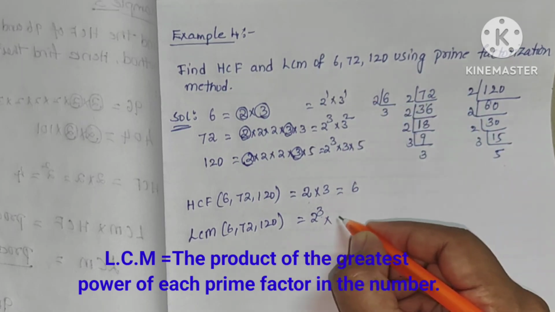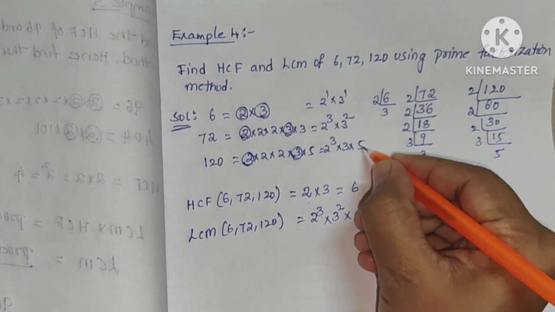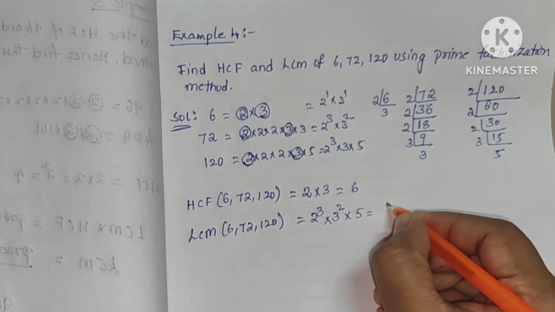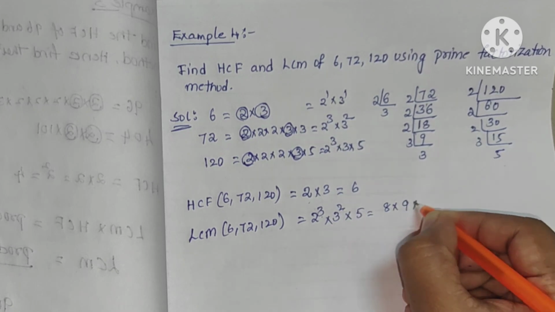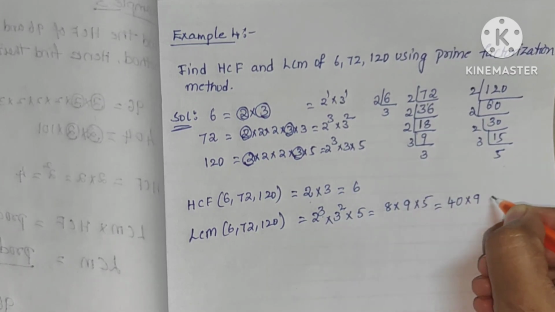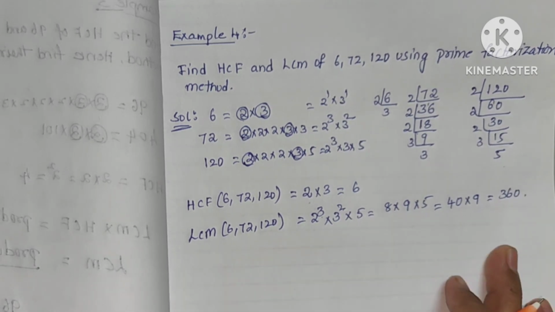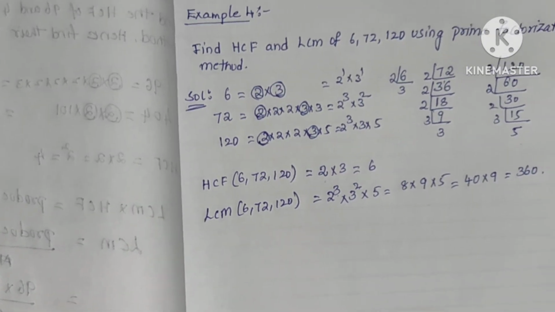For 3 the greatest is 3 square. And 5 is there. So 2 cube 8, 3 square 9 and 5. So 8 5s are 40 into 9. 4 9s are 36. So 40 9s are 360. So LCM is equal to 360.